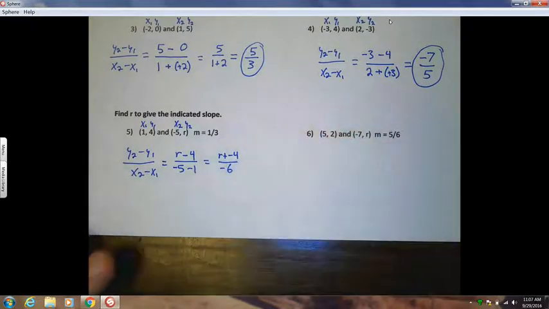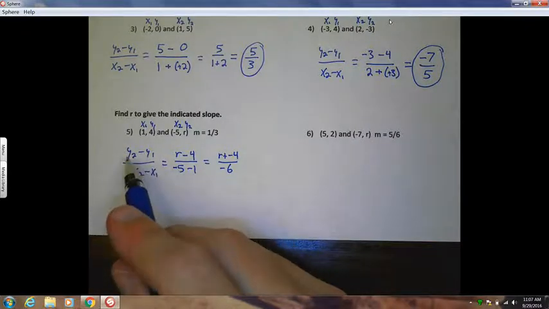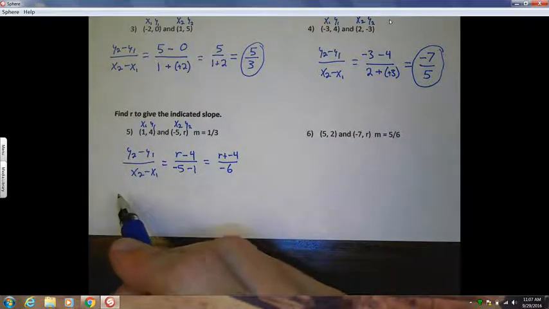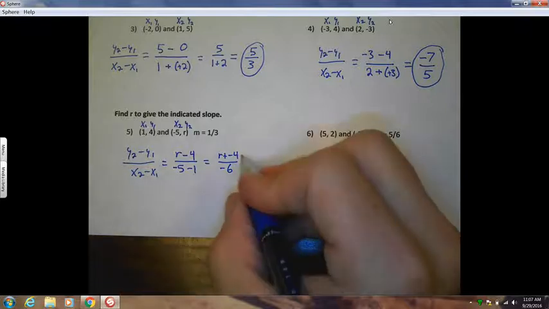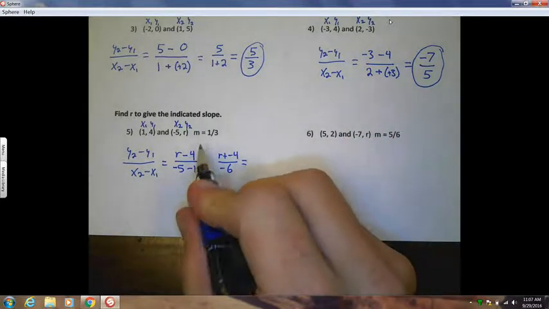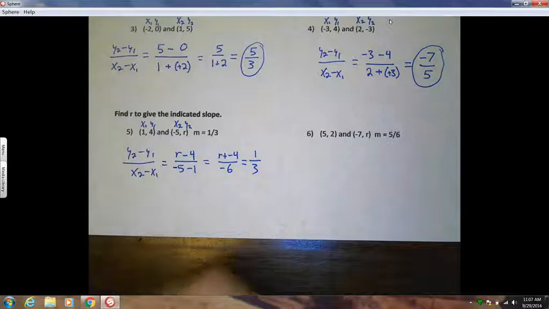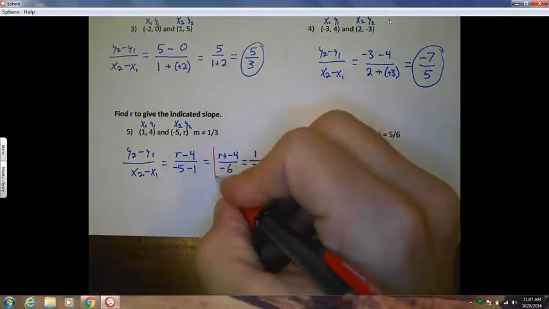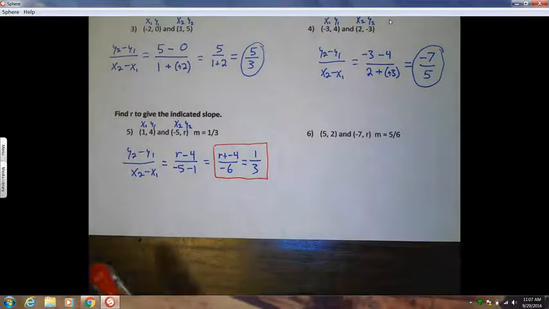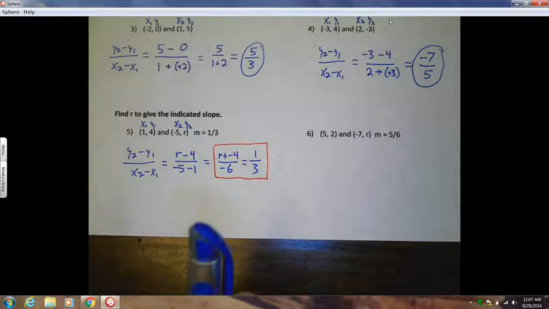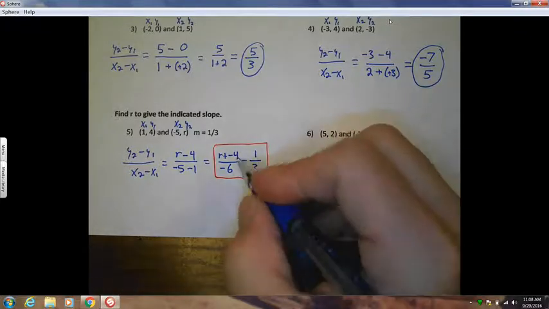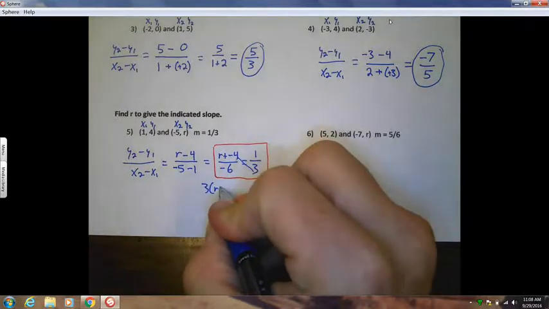But guess what? This is my slope formula. So it has to equal my slope, which is m, 1 over 3. So this is how you set it up. It equals your slope. Now I cross multiply. 3r plus negative 4 equals negative 6 times 1.